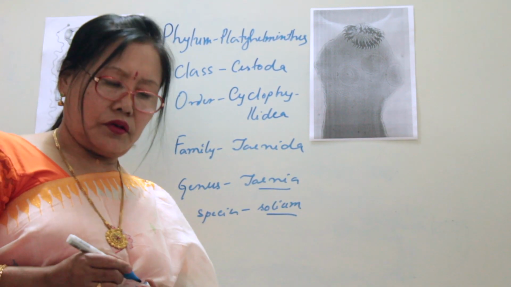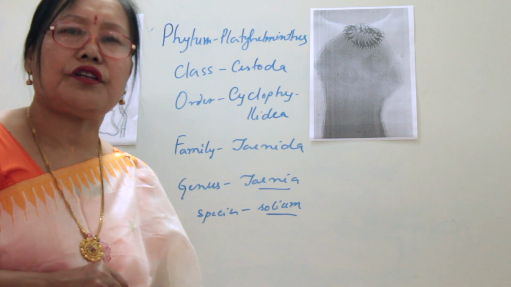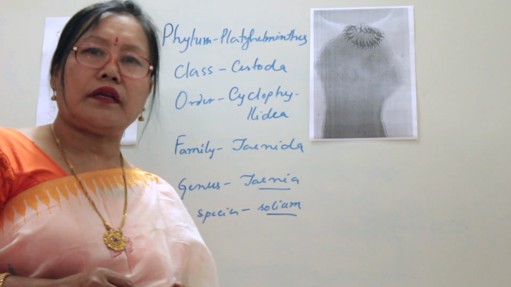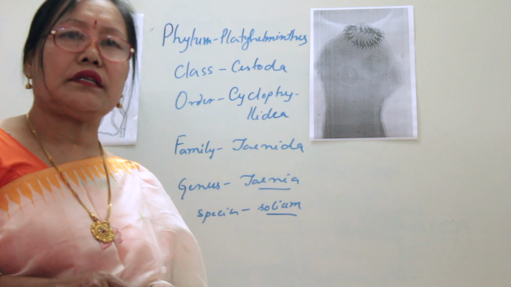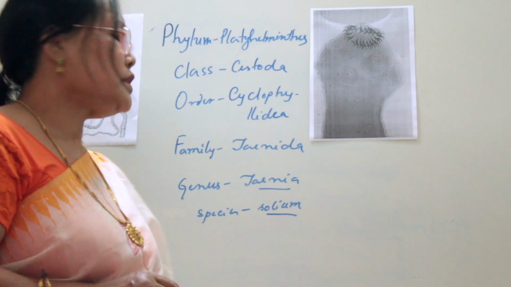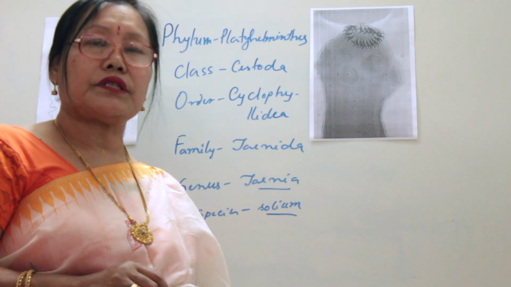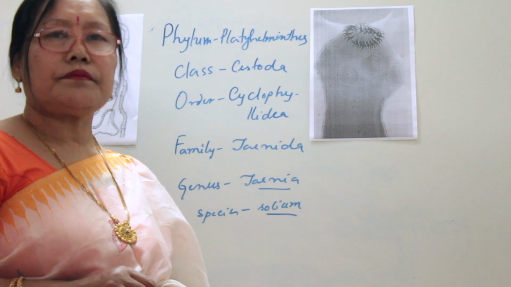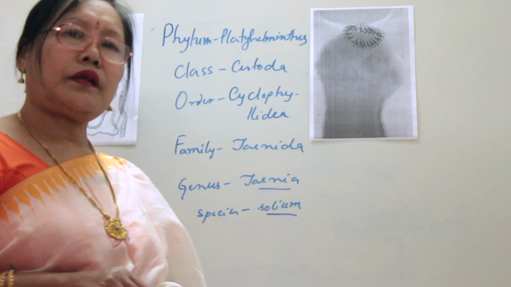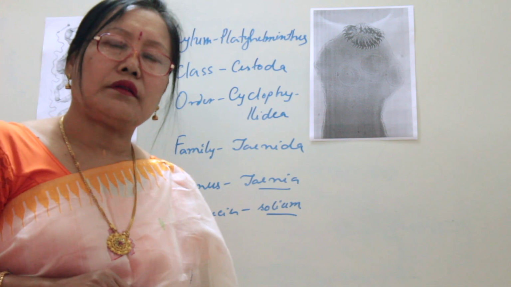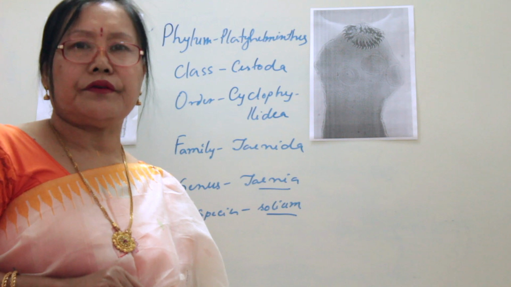So there are two species of Taenia. One is Taenia Solium and another is Taenia saginata. But for your syllabus, it is mainly concerned with Taenia Solium, which is commonly known as the pork tapeworm because it is mainly present in the muscles of pork. The other one, Taenia saginata, is mainly present in beef.